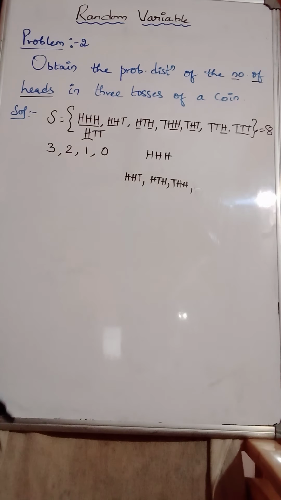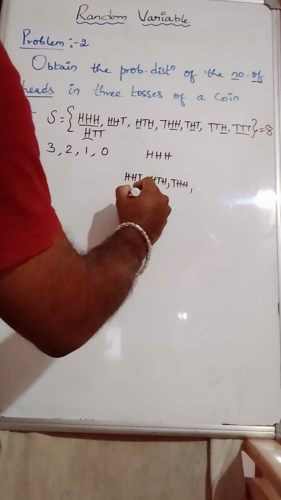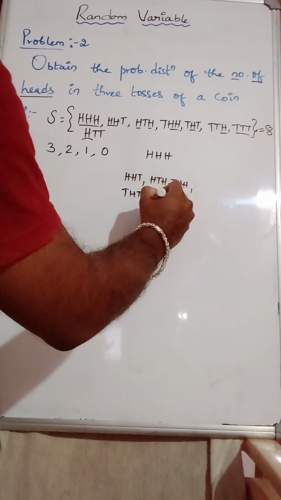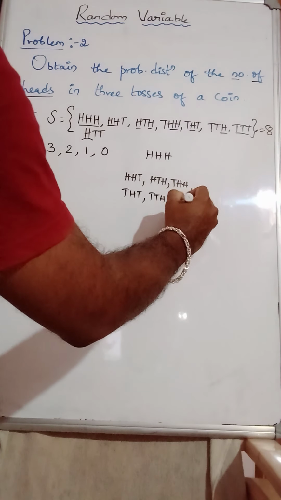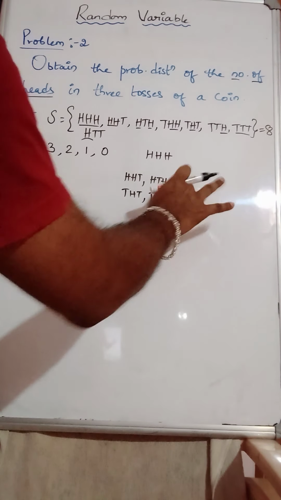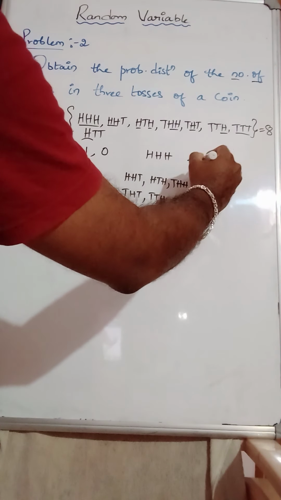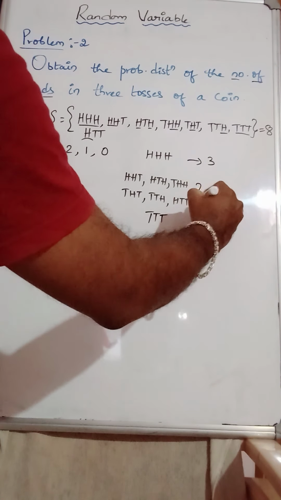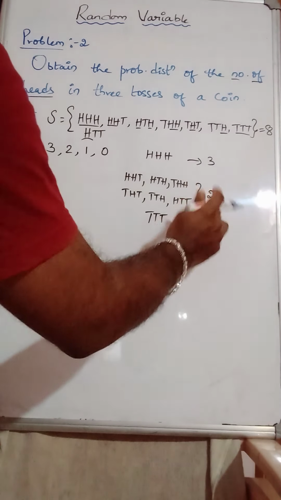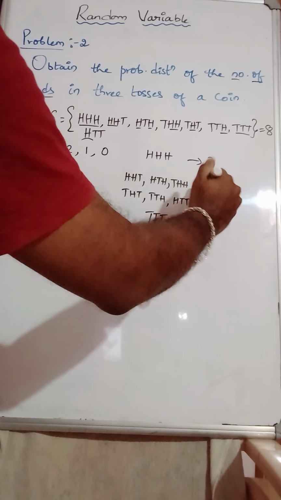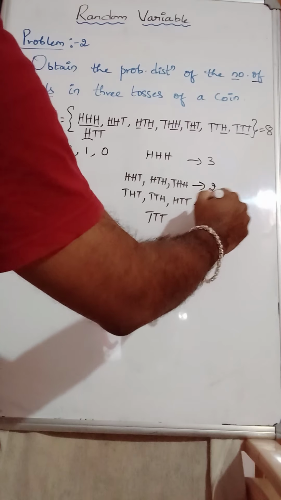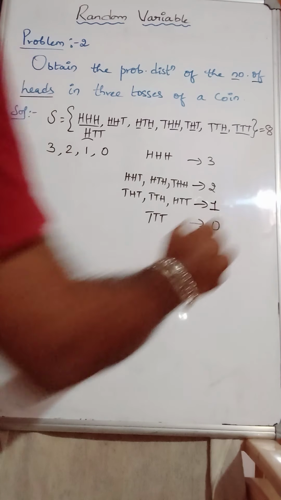Next 1 head, how many? Tail, head, tail; tail, tail, head; head, tail, tail. And then 0 heads, 1. Here 3 heads, 2 heads, 1 head, 0 heads.